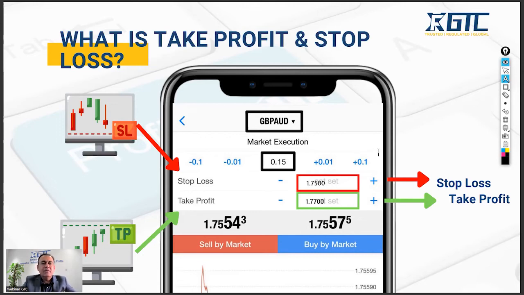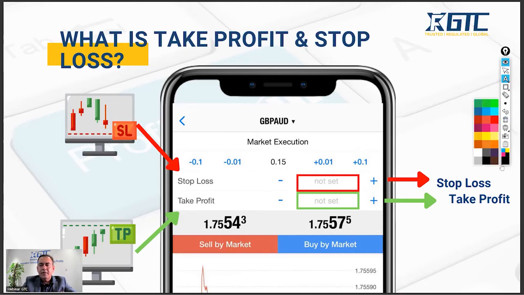Now, in case of a sell trade, the thing would be opposite. Let's say I'm going to sell right now at 1.7554. So now my trade is reversed. I'm not opting for a buy, I'm opting for a sell. GBP AUD, the market price is this for sell.